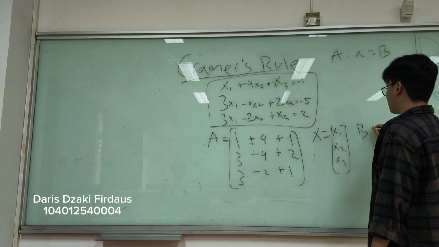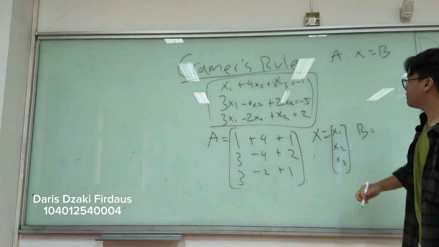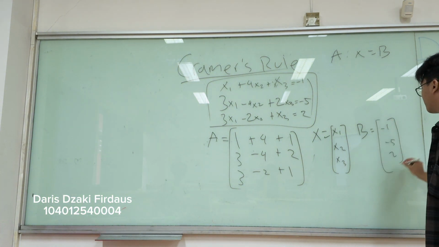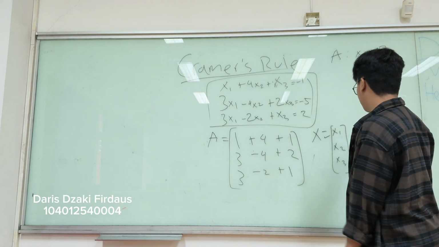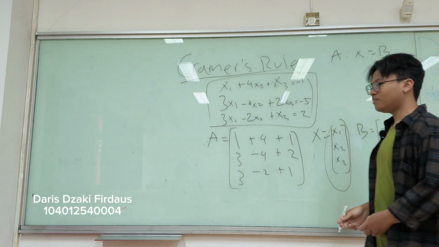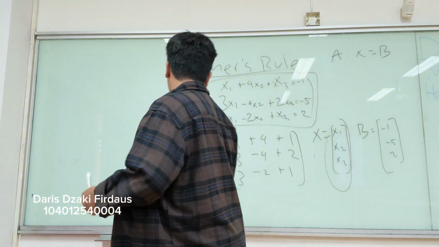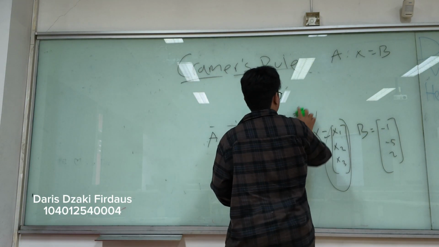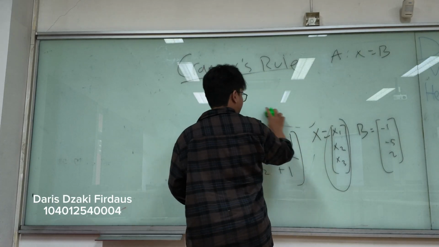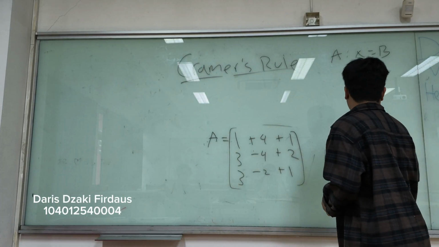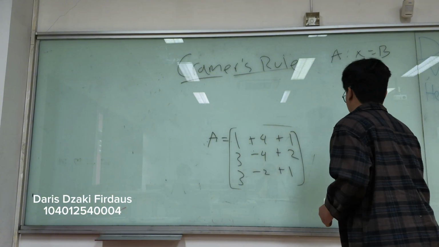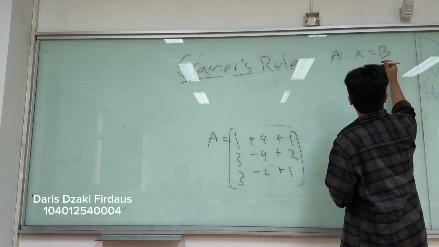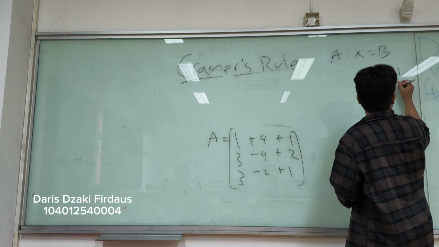And then there's b for this one: minus 1, minus 5, and 2. Okay, so the question is we need to find this. So the first step is this one, minus 5, 2.